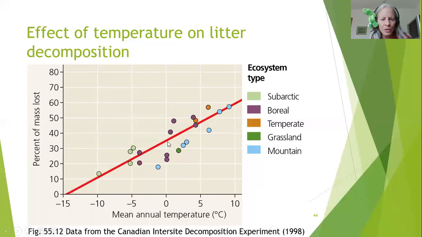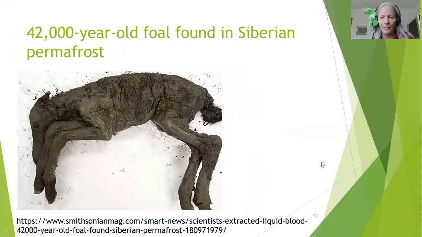So the higher the temperature, you can see there's a good correlation between temperature and how much mass. And look especially in the mountain, and you can see that the amount of decomposition just follows the temperature. It's a little bit less close of a relationship with the boreal, but everything taken together, the amount of decomposition follows temperature.